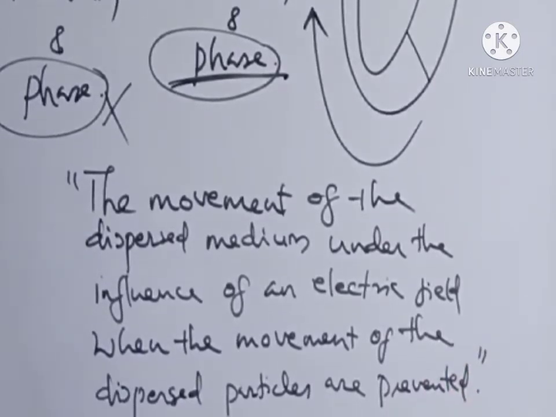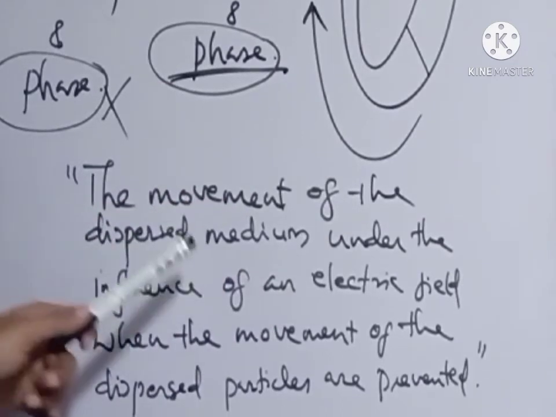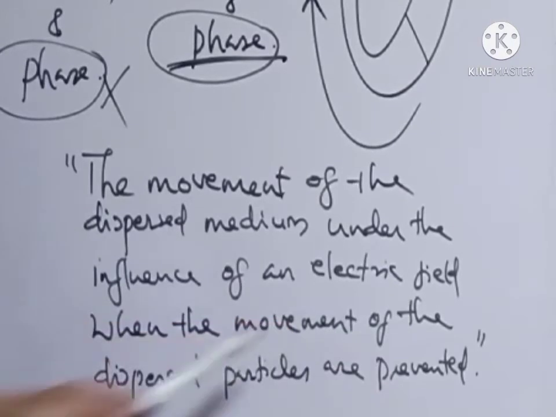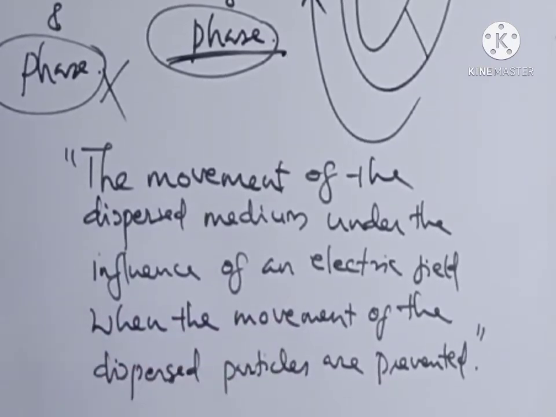So, electroosmosis is the movement of the dispersed medium under the influence of an electric field when the movement of the dispersed particles is prevented.